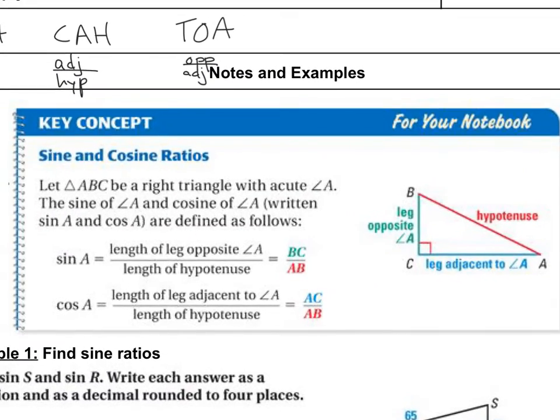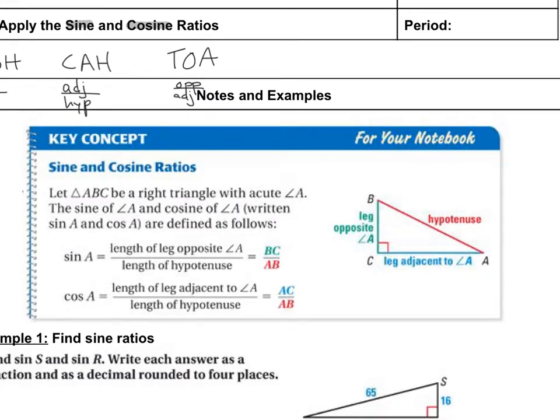The biggest piece of information I can give you is making sure you understand what angle we're talking about. Once we find our angle, we can say this leg is our opposite, this is our adjacent, and this is always the hypotenuse. Once you identify those, it's easier to set up the ratios.